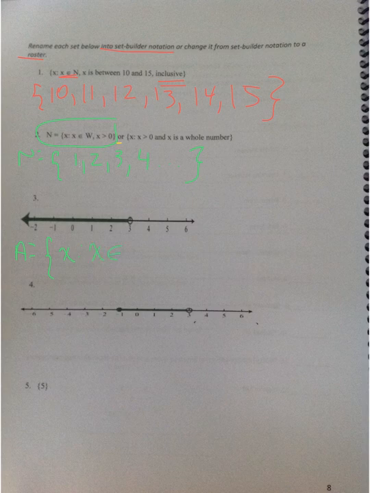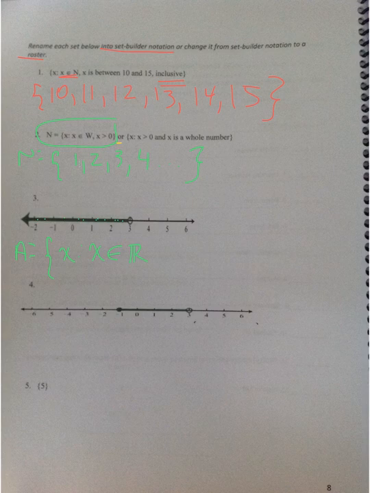We have a heavy bar. Heavy bar means it has to include every single little number in between. What is the vocab word that's going to imply every single one? That would be your reals, your real numbers.